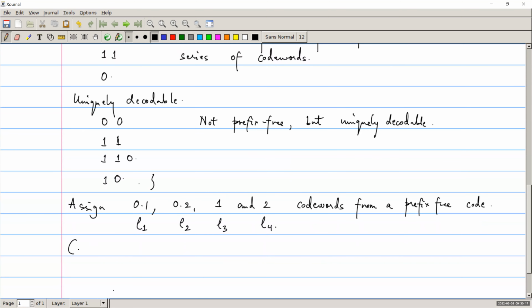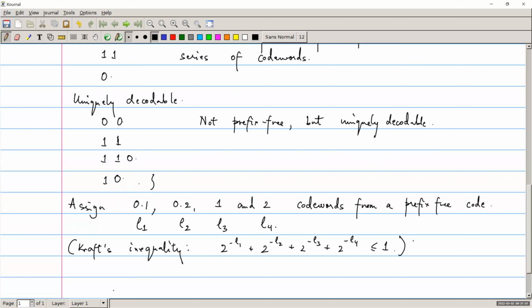And if I told you, just for fun, to assign these codewords from a uniquely decodable code, then your codeword lengths would satisfy the same inequality. So whether they are prefix-free or uniquely decodable codes, the codeword lengths will always satisfy this inequality.